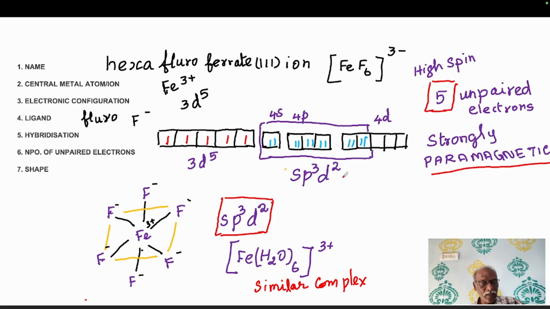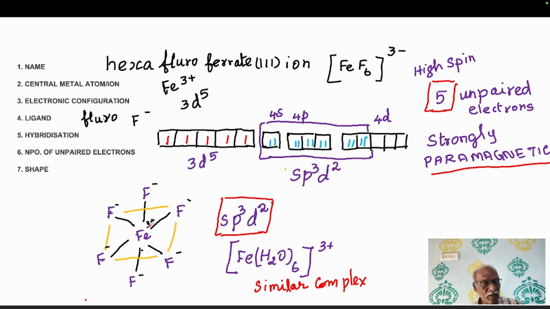These degenerate 6 orbitals repel among themselves and stand maximum apart from each other, giving rise to a regular octahedral shape. In the regular octahedral shape, there are 6 corners, and towards each corner one of these 6 orbitals stands.